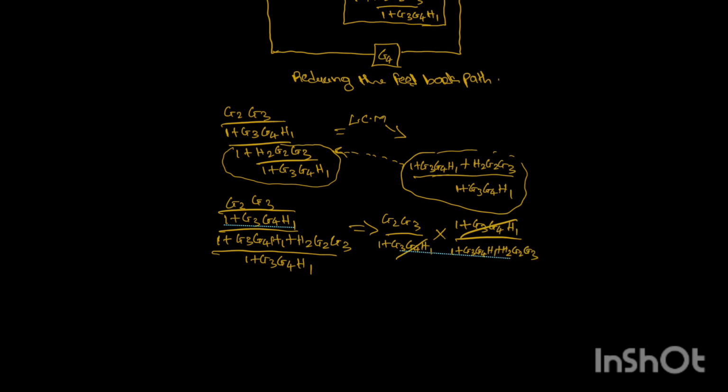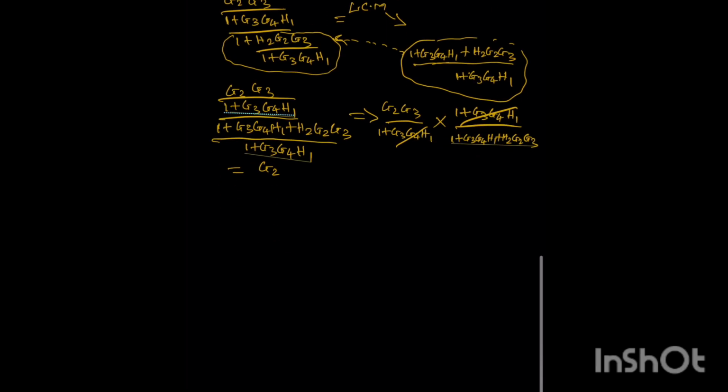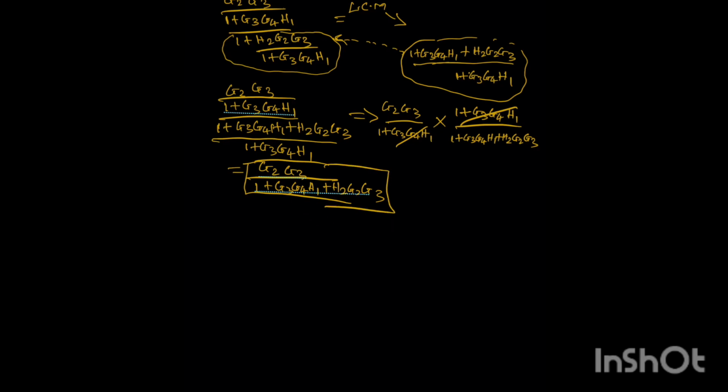So this will cancel this. We'll be having G2, G3 all over 1 plus G3, G4, H1 plus H2, G2, G3. So we have resolved this now.